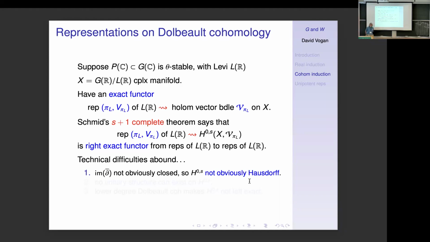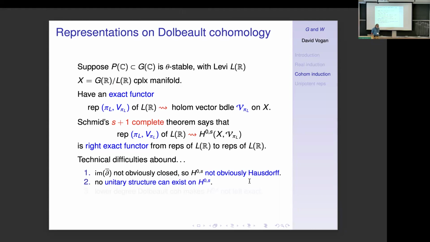But the image of the d-bar operator, well, the d-bar operator is continuous, but the image of a continuous map on Fréchet spaces, who knows what it is? At any rate, it's certainly not obvious that it's closed. And so the natural topology on this Dolbeault cohomology is not obviously Hausdorff. So that's a problem.